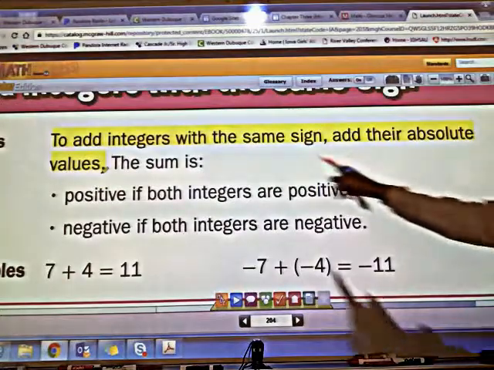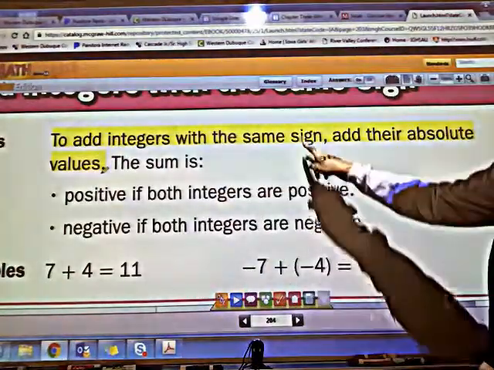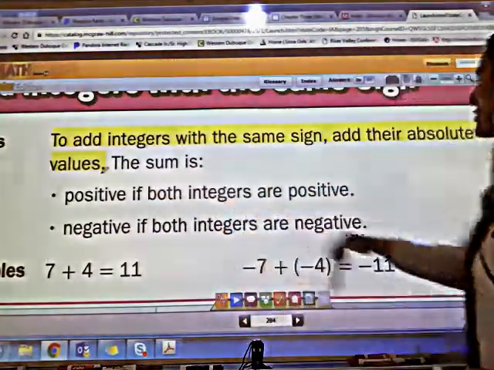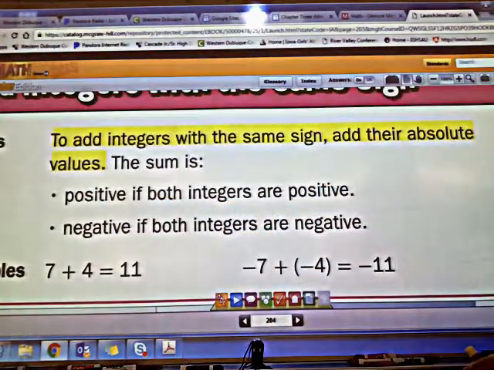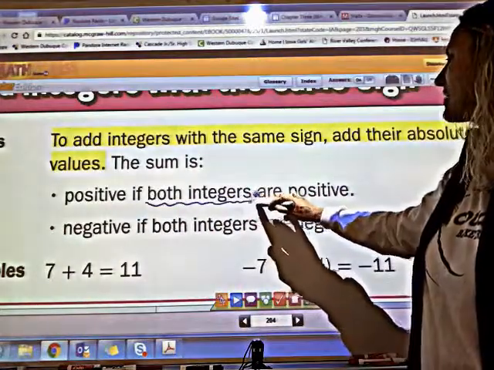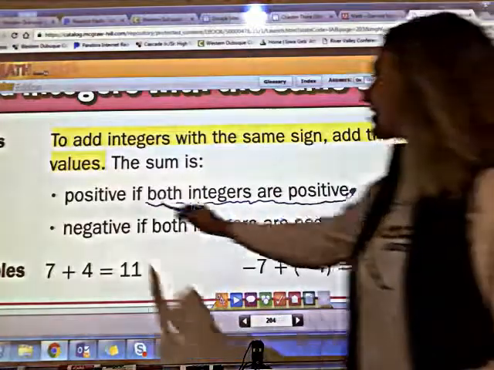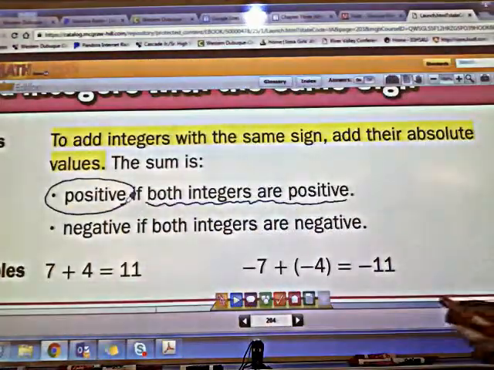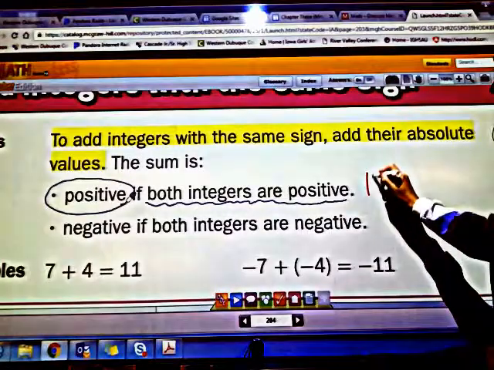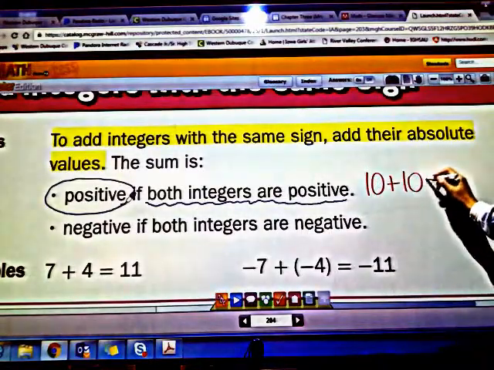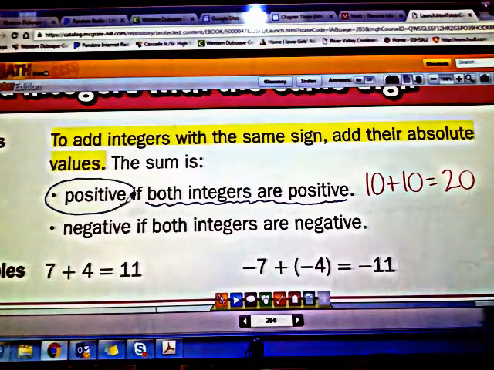When we are adding integers with the same sign, meaning it's going to be positive if both of those integers are positive, then my answer is going to be positive. So an example of that would be if I take 10 plus 10, I would get 20.